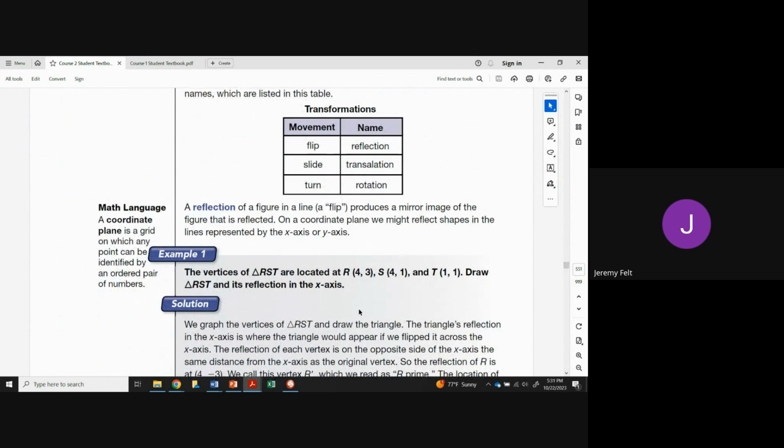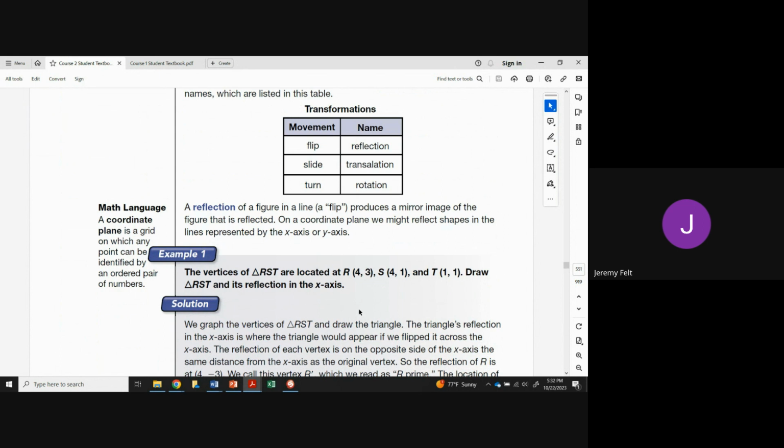So if we have the vertices R 4, 3, S 4, 1, and T 1, 1, we want to draw RST and its reflection.